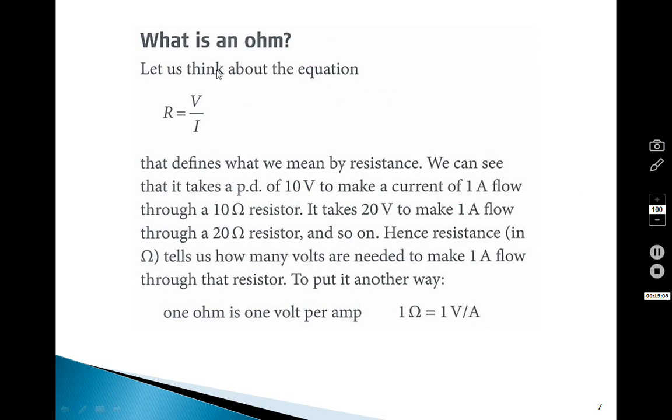So next, now we are going to discuss what is an ohm. Ohm, the value of the resistance, or how we can measure the value of resistance, ohm.